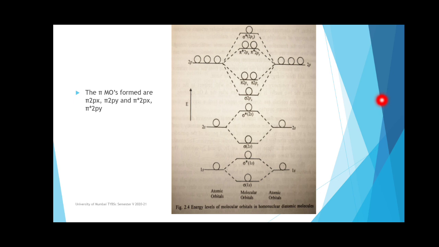Let's say I have an atom which has 1s, 2s and 2p type atomic orbitals.